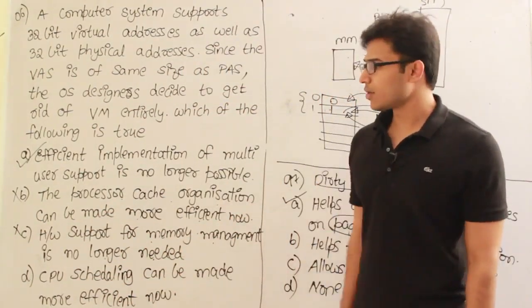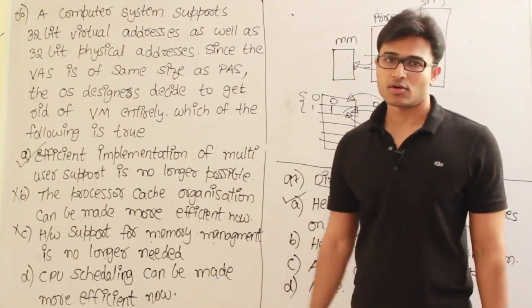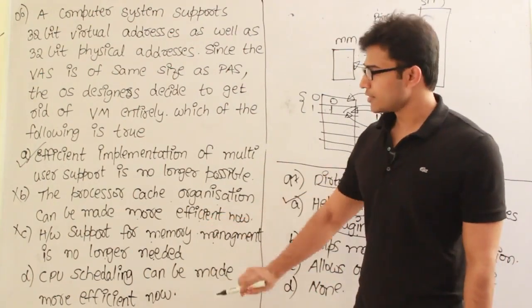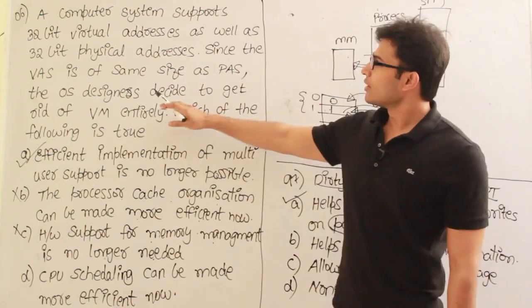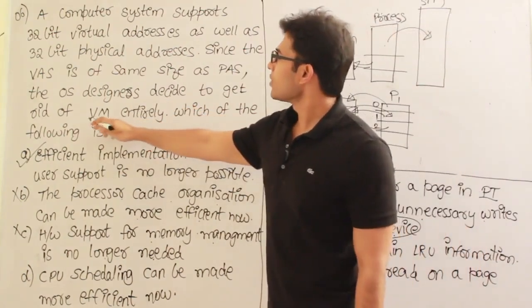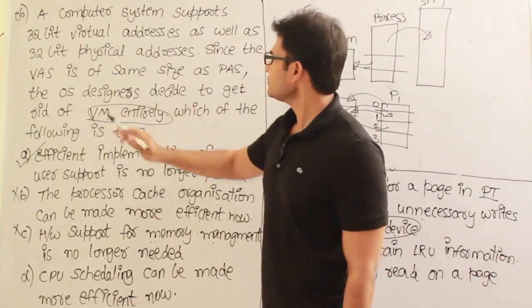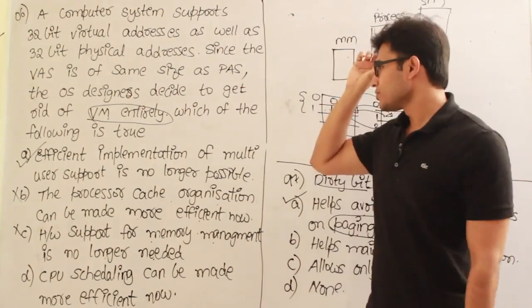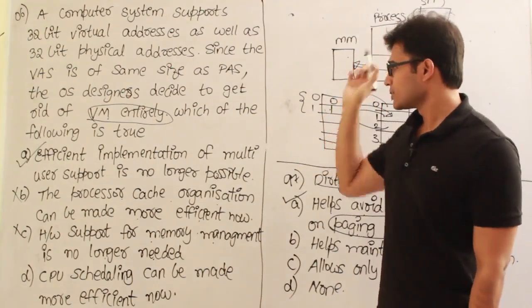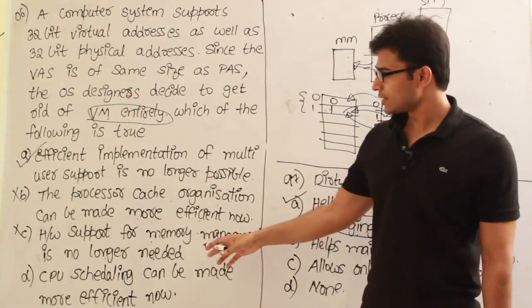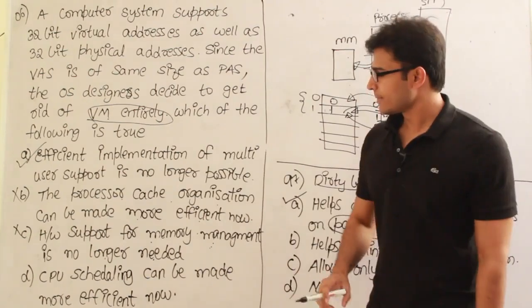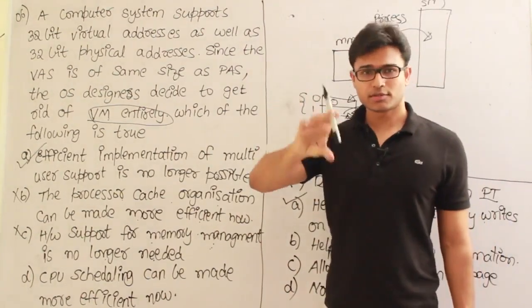Otherwise, if you go with software support, it is going to take a hell of a lot of time. So hardware support is required for paging, whether you use the virtual memory concept or not, right? Why should we go for this hardware support? We keep moving the process around.